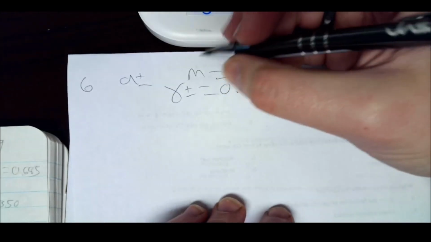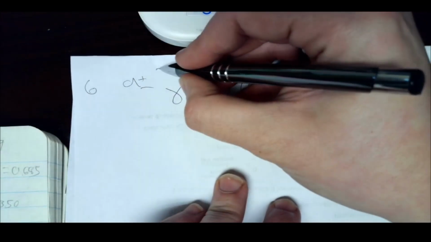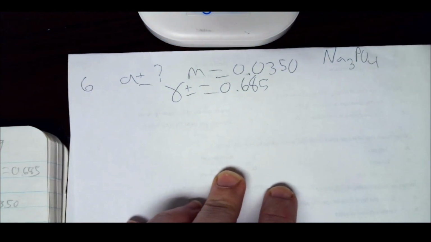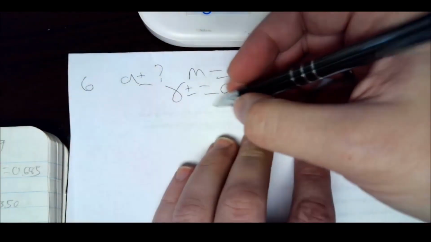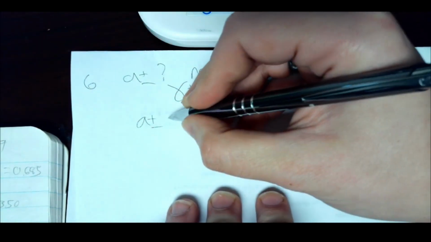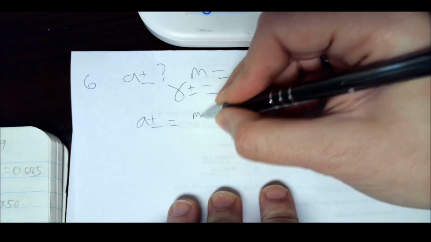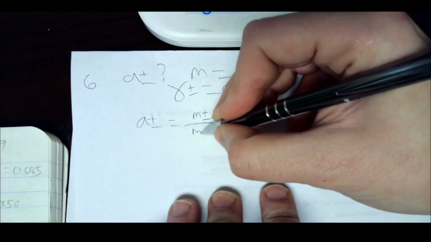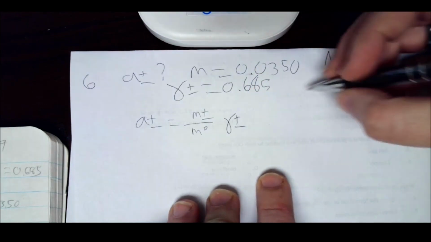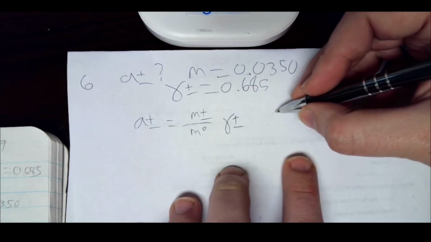For this first one, we need to calculate the mean ionic activity, given our molality, our salt solution, and our activity coefficient. Well, activity is equal to plus or minus. Mean ionic activity is the mean molality over m naught times the activity coefficient. So we need to find m plus or minus.